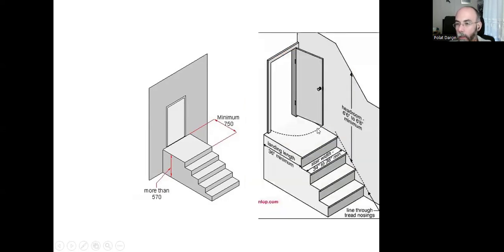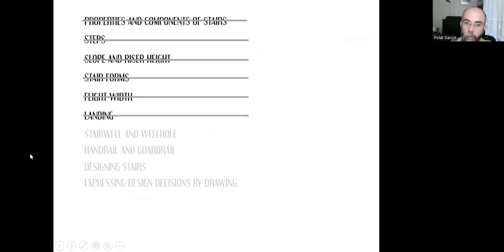So this movement of the door, let's say the door is 90 centimeters, so the landing needs to be bigger than 90 centimeters. We need to provide an area at least like 40 or 50 or 60 centimeters so that the person can stand there without being hit by the moving door.